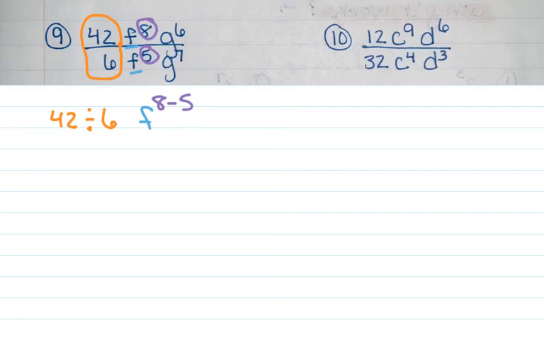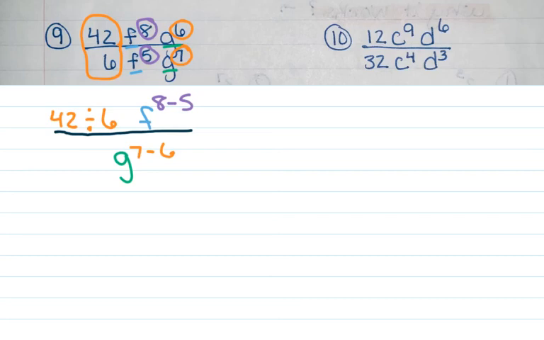Now I also have like bases g and g. Well, when the exponent is greater on the denominator, we leave it on the denominator. So which means I'm going to have g, and then with my exponents being 6 and 7, I'm going to have 7 minus 6. And see how that stays right on the denominator. It stays where the larger exponent is.